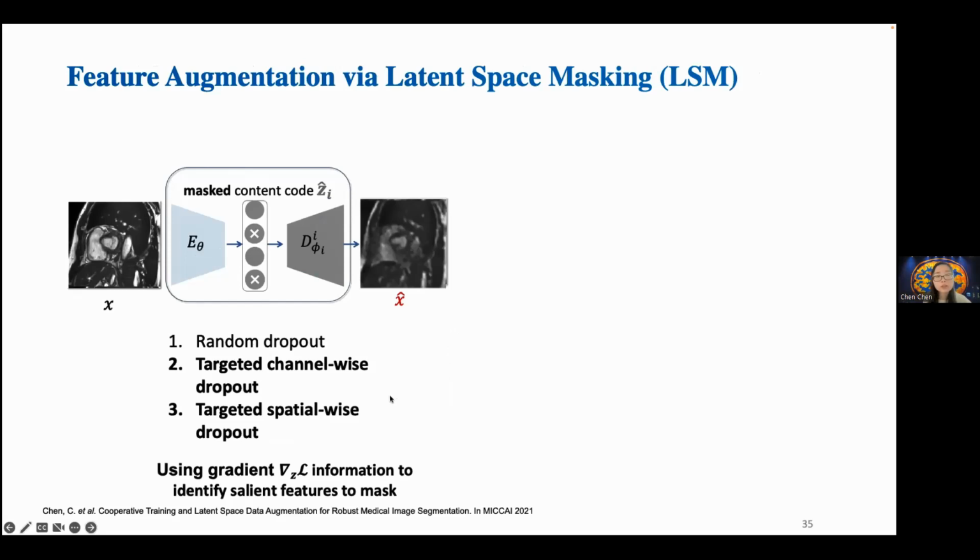In particular, we introduce three different types of perturbation, including the very popular random dropout, which basically randomly drops out a particular channel at a probability of P. The other two are more aggressive, yet more challenging: the so-called targeted channel-wise dropout and targeted spatial-wise dropout, where we utilize the gradient information to identify those salient features to mask. And I will give you an example of how we do it in the next slide, okay?